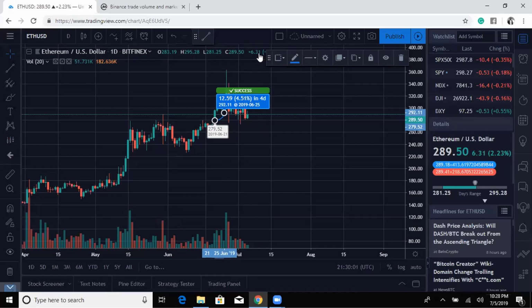But since you're given times 50, and that's what you're leveraging on, you got in at 279 and sold at 292. Just do a quick multiply of that. If you were leveraging, you could have made around, let me quickly calculate that, 225%.